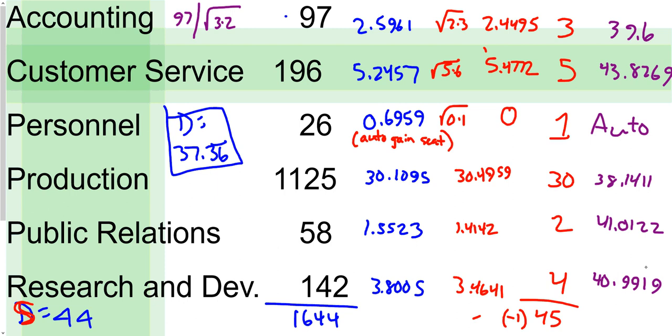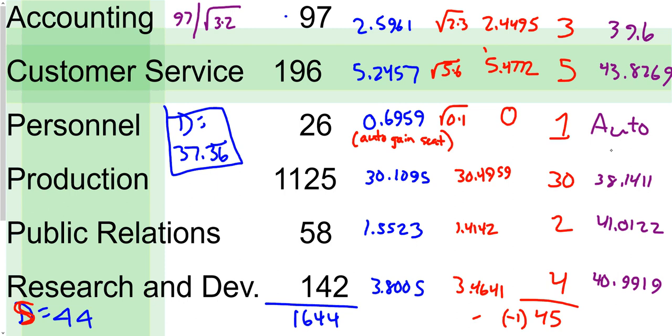So the key here, the thing about the auto, right, is they're actually the farthest away from the divisor because if you were to divide by zero, you get really infinity. So what that's going to show you is that they never actually lose their seat based on this method, and that's good. All right, so who is going to be the first to lose a seat?